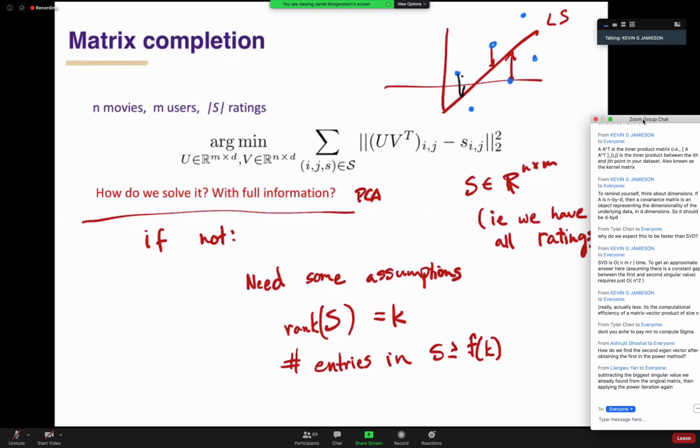SVD is a very interesting function in that this objective function with respect to u and v is non-convex, okay? So if you just took the gradient of this thing and did gradient descent, it's not obvious that you'd actually get to the bottom.